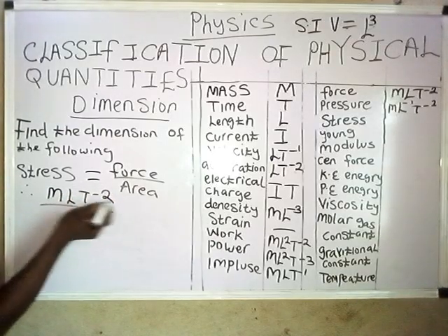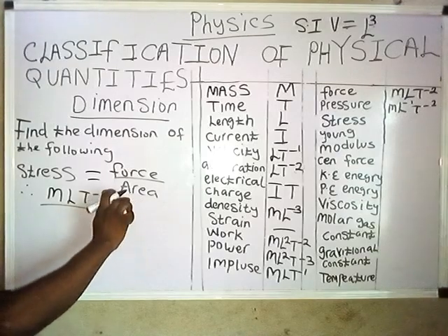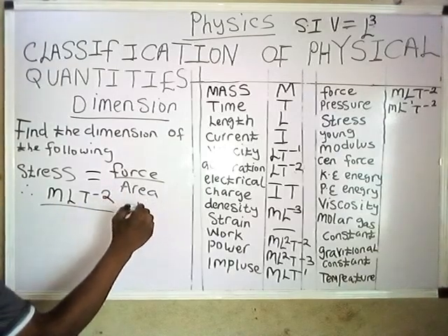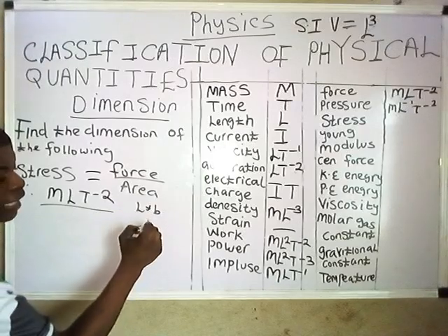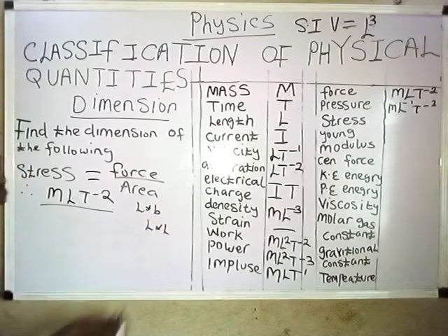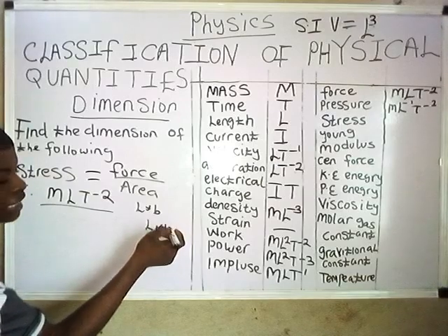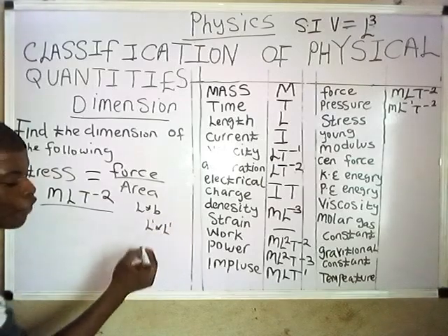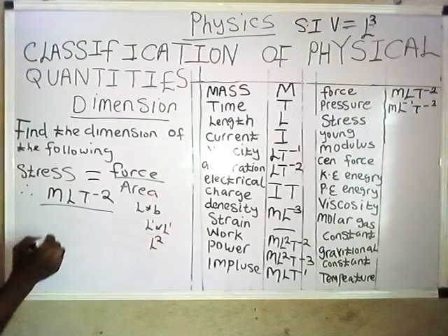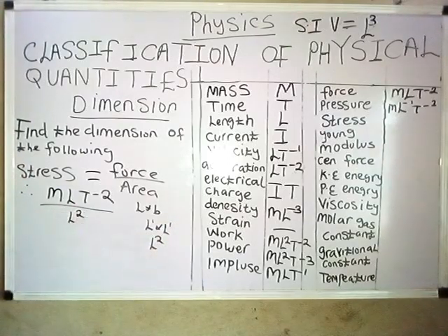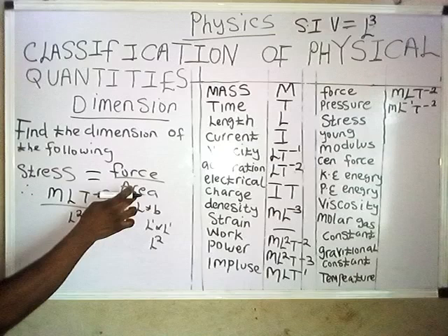over area. So you learned that area is length times breadth, both in meters. We can therefore say that L times L, according to the laws of indices, there's an invisible one here. Take one of the base, L. 1 plus 1 will be 2. We can therefore say that L squared will be the dimension for area.